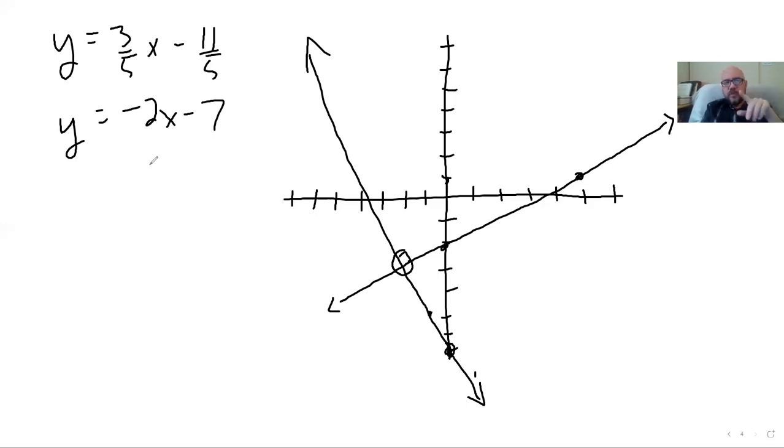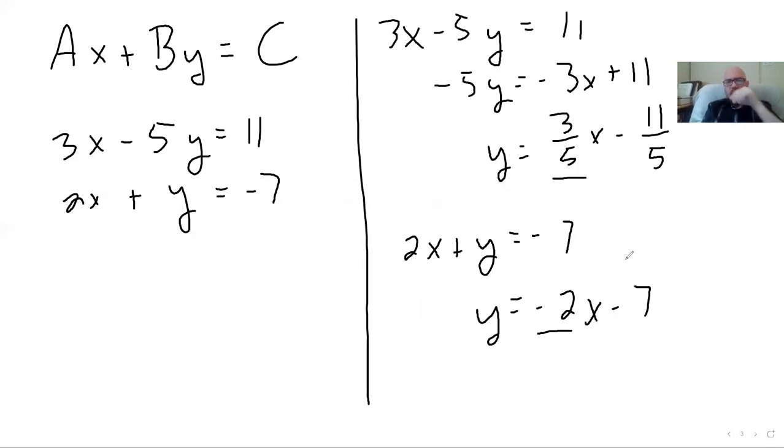Now, here's how I could tell before we did any work at all that these had different slopes. Look at how we found the slope. What we did was we moved the x term over, and then divided by the y term. So the slope ended up being the coefficient of x over the coefficient of y, or negative coefficient of x, right?